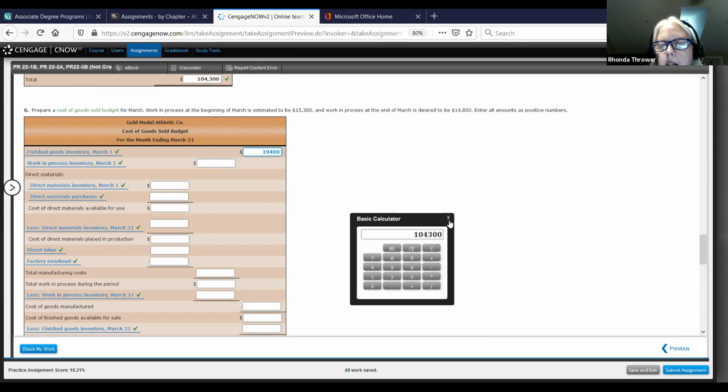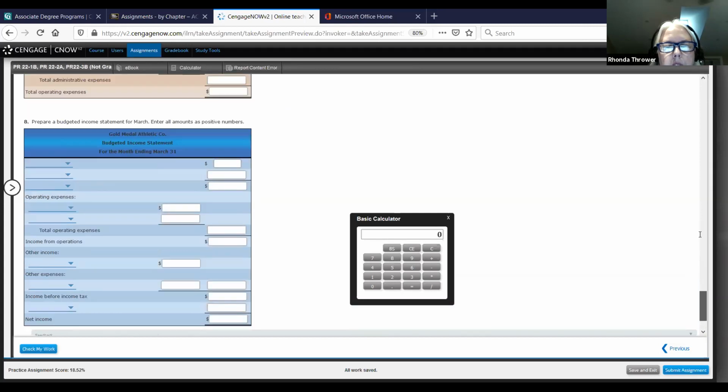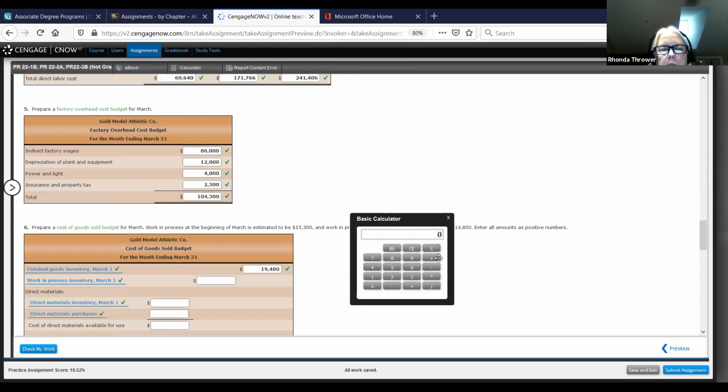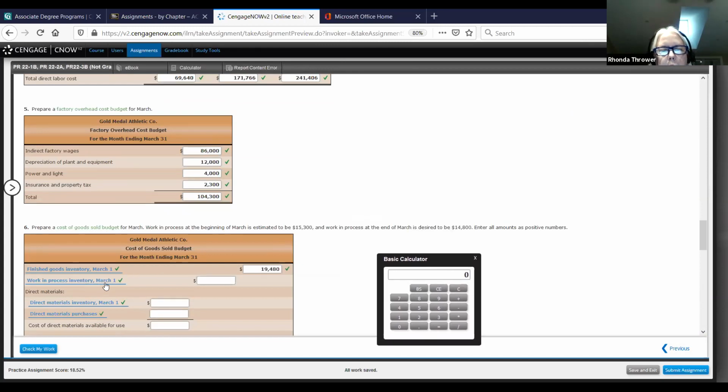But this is where we're getting this information. So 19,480 is coming from the spreadsheet that I have prepared for you, where we're figuring up the beginning amount of the finished goods inventory. It might be a good idea to check your work as you go along with this cost of goods sold budget, because there's a lot of computations that are going to go into that. The next thing that they want you to put in is your work in process inventory on March 1st.